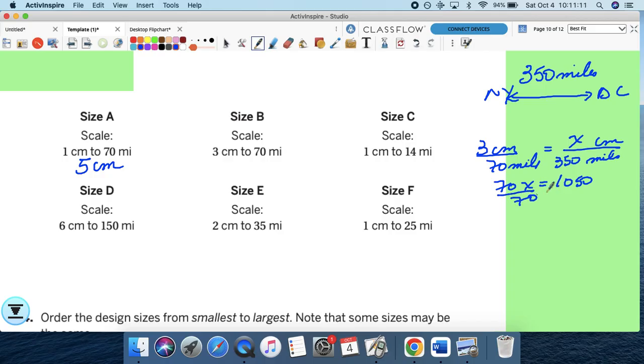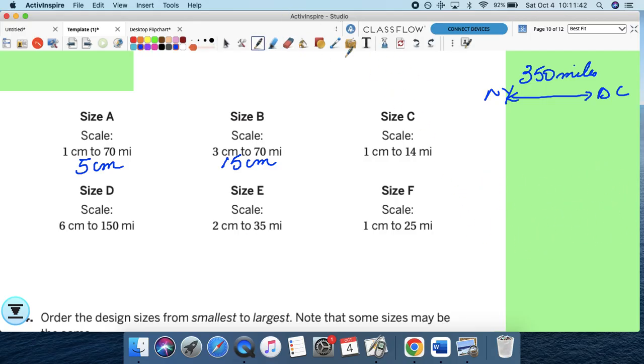And divide by 70. Okay, x equals 15 centimeters. So if you were to draw the distance between New York and DC using this scale, it would be represented by 15 centimeters.